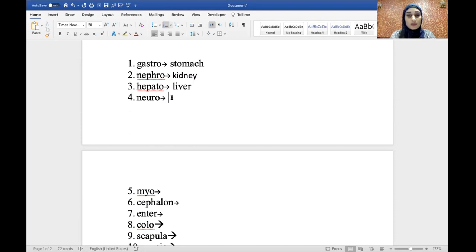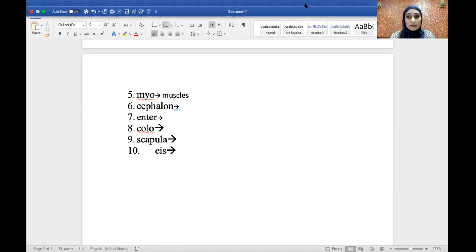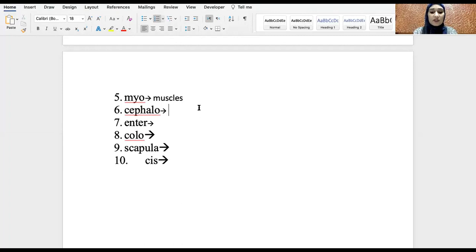Neuro refers to nerves. Myo refers to muscles. Cephalon refers to head.